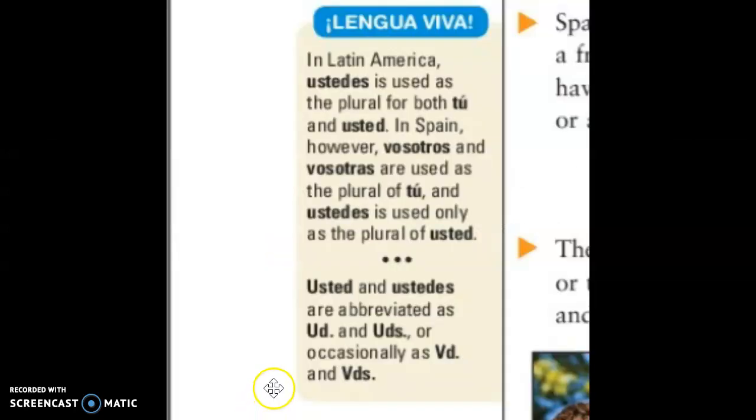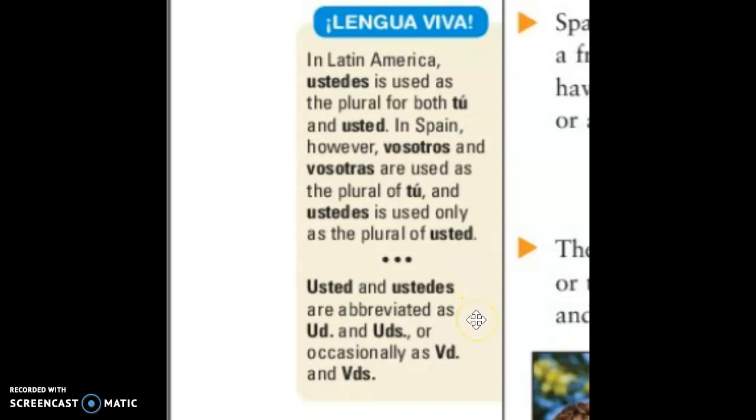Okay, one last thing I would like to point out under the lengua viva. I already spoke to you about where ustedes is used, as in Latin America, and in Spain, how vosotros is used to replace the you, and ustedes is used only as the plural of usted. So very different in Spain, but once again, you won't be assessed on that, just for your education.